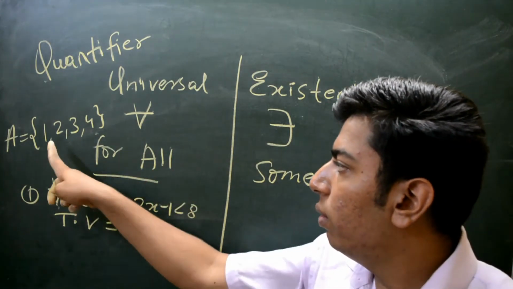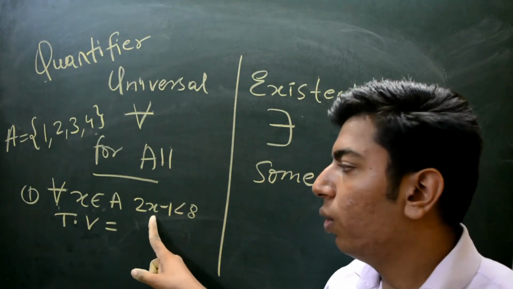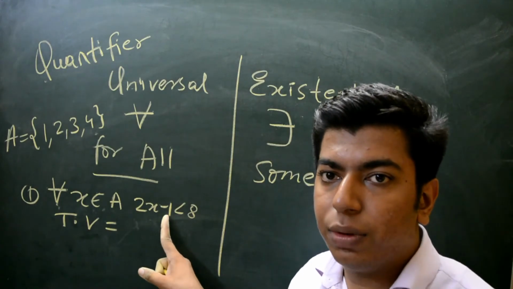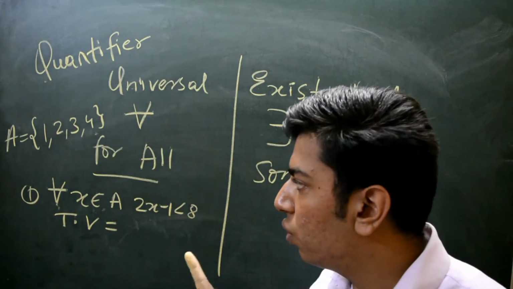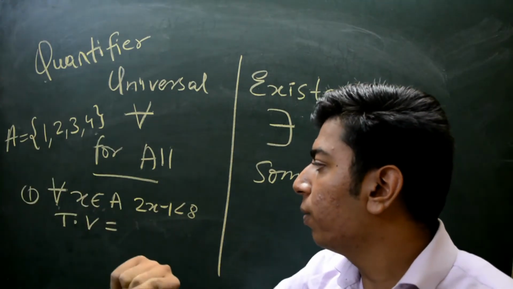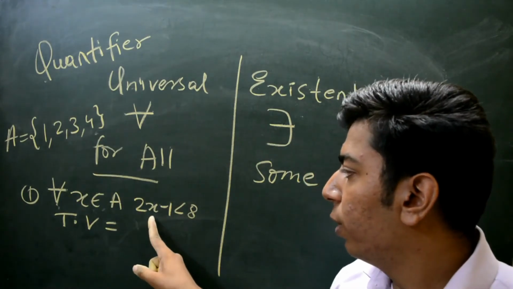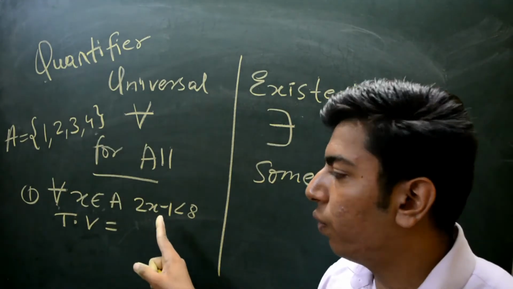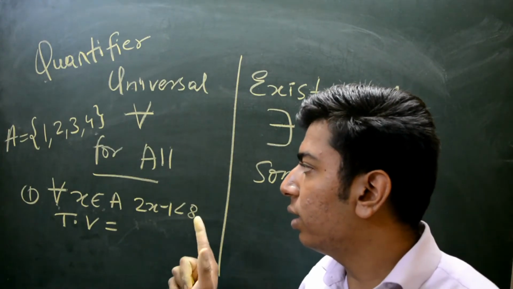First we put 1 over here: 2 into 1, that is 2, minus 1, that is 1, which is less than 8. Yes, it is true. Then 2: 2 into 2, 4, minus 1, 3 is less than 8. Yes, the condition is satisfying.